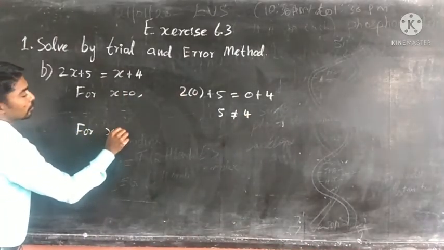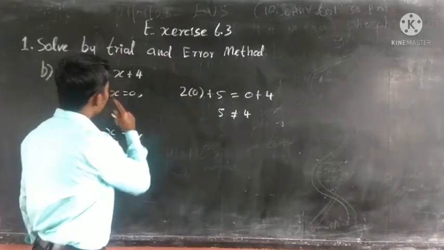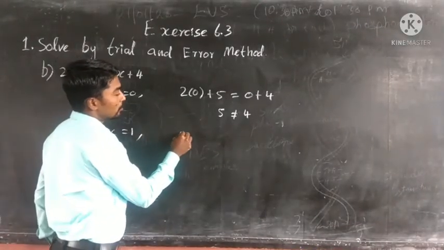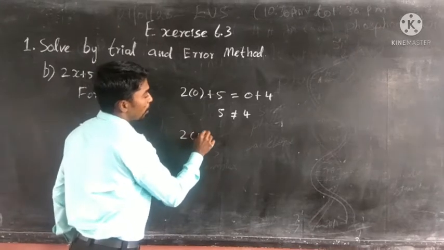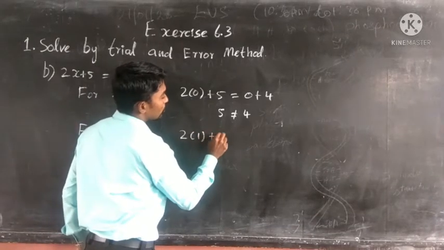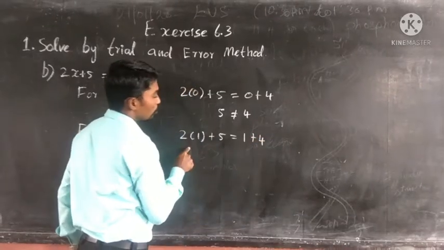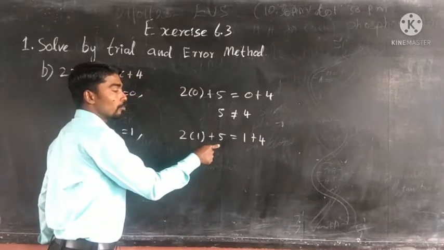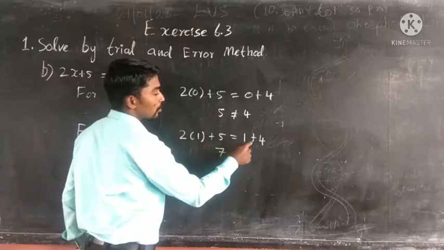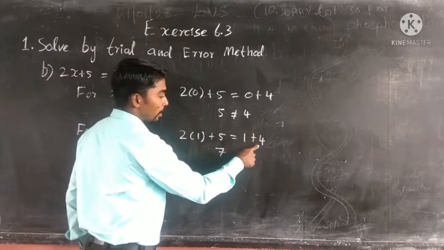For x is equal to 1, substitute 1 in place of x. 2 of 1 plus 5 is equal to 1 plus 4. 2 ones are 2, 2 plus 5, 7, and 1 plus 4, 5.